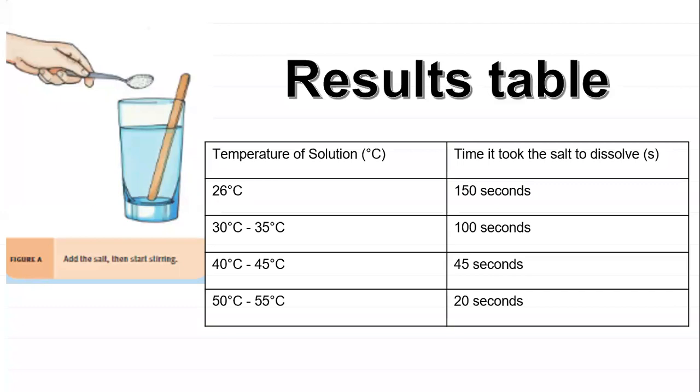The cup at which the water was between 40 degrees Celsius and 45 degrees Celsius, it took 45 seconds to dissolve. And the cup at which the water was between 50 degrees Celsius and 55 degrees Celsius, it took 26. Okay, so guys, I will just need you to take a memory picture of this results table, because we are going to have questions which are referring to this table. Okay.